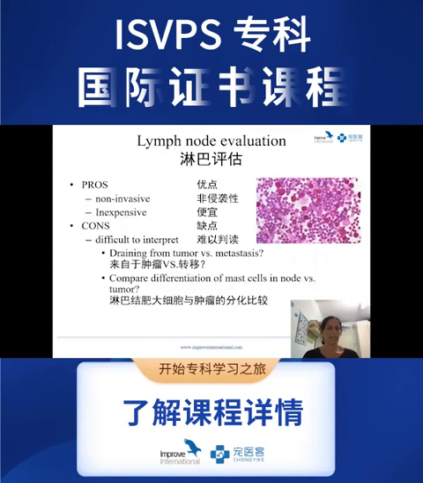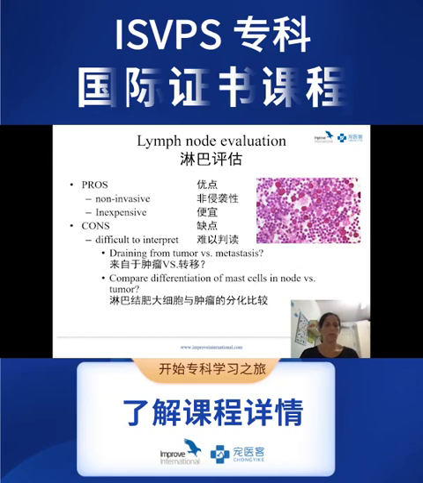The second test, which is critical in any dog with a mast cell tumor, is lymph node evaluation. If we're discussing minimal staging versus complete staging, the only test that is critical on minimal staging is lymph node evaluation of the regional lymph node. The pros of this test are that it's non-invasive and inexpensive.